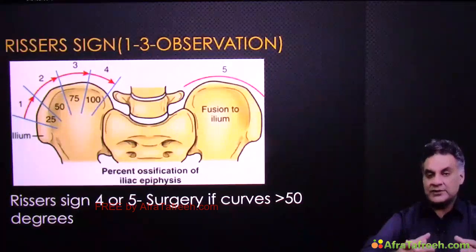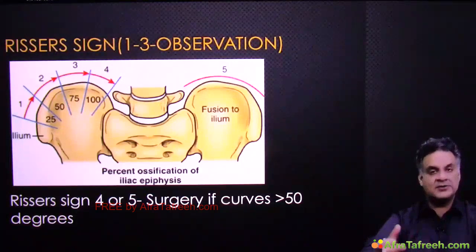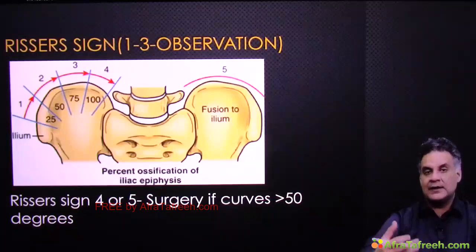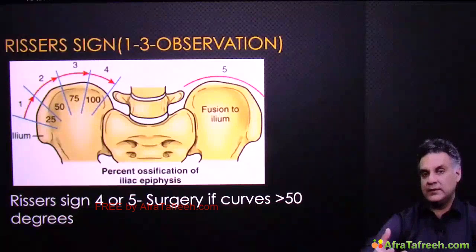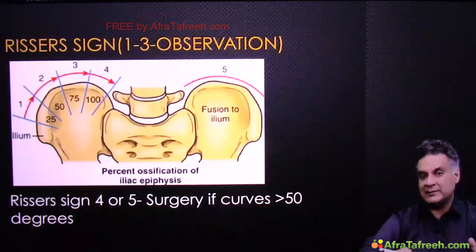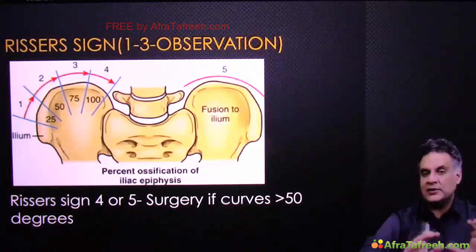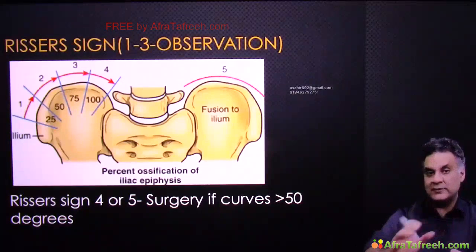If a patient has almost fused skeletal maturity, not occurring further, it means the scoliosis won't change much with the growth. So, as you go from anterior superior spine to the posterior superior spine, and you divide the iliac crest, iliac apophysis into different parts.